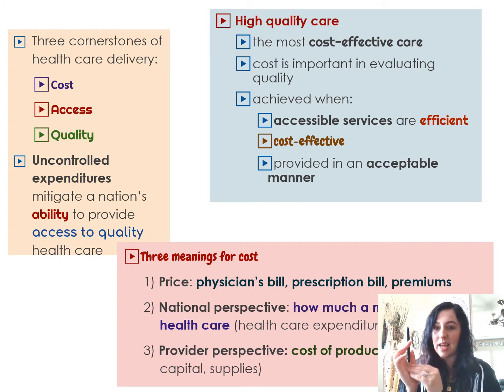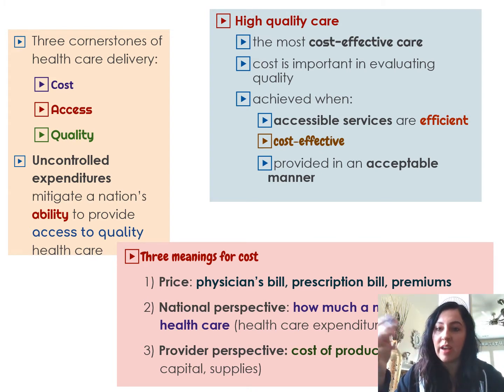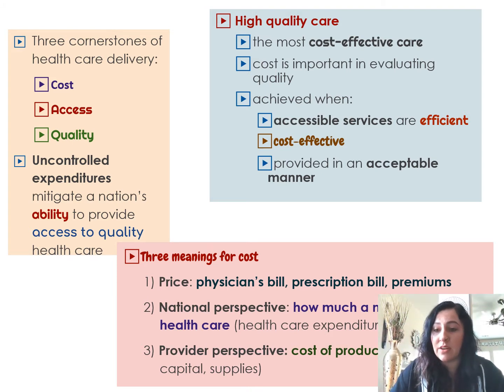So accessible, high quality care is achieved when there is access to care, and when they're efficient, working properly, cost effective, so it's not as expensive, and it's provided in an acceptable manner.